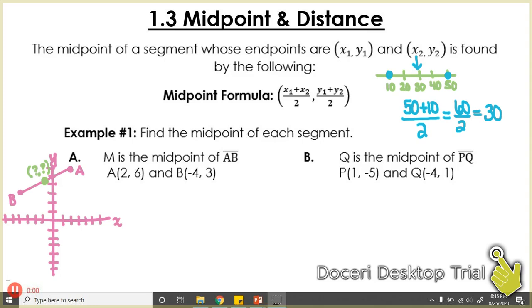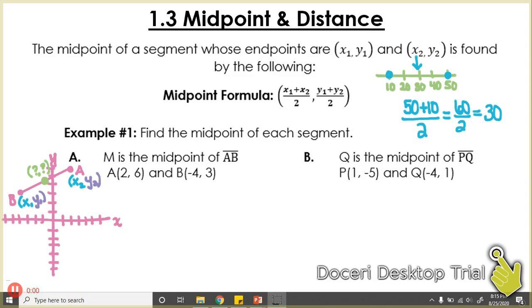So what I'm actually doing to find this midpoint is finding the average of my x values of each point, and then I'm doing the same thing for the y values.